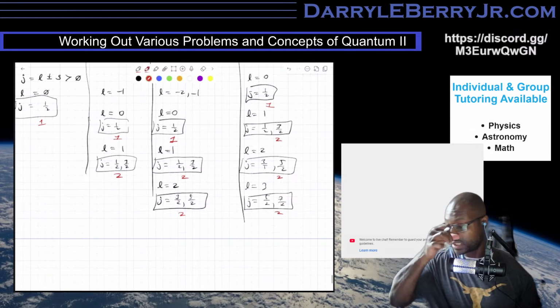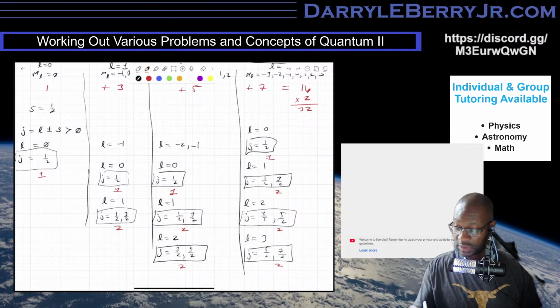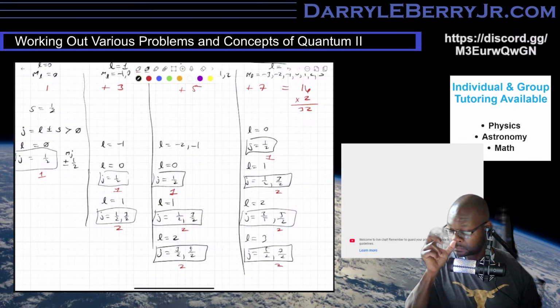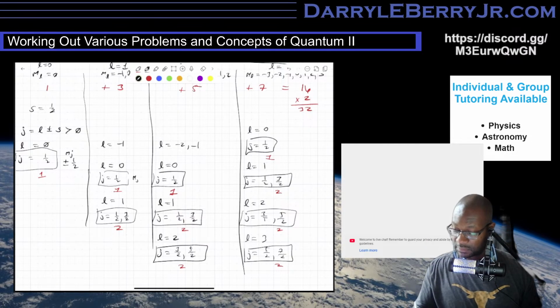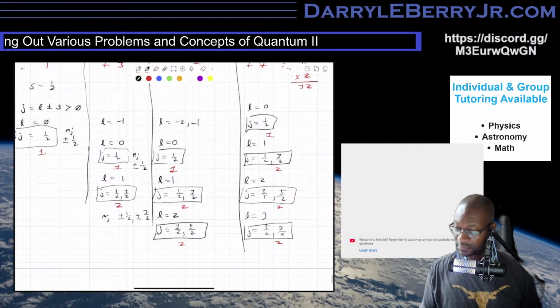And each of these j's will have an mj. It's plus or minus. So mj is plus minus 1/2. Mj plus minus 1/2. Mj plus minus 1/2, plus minus 3/2.